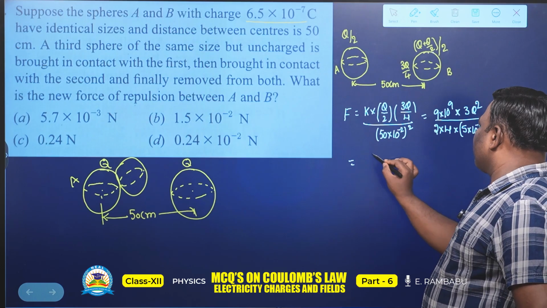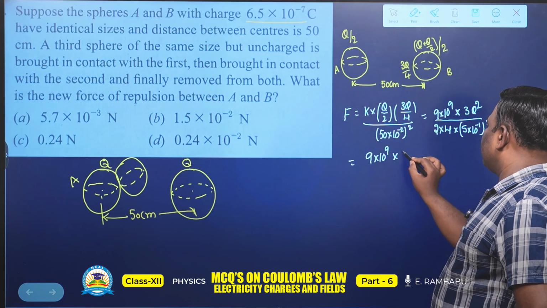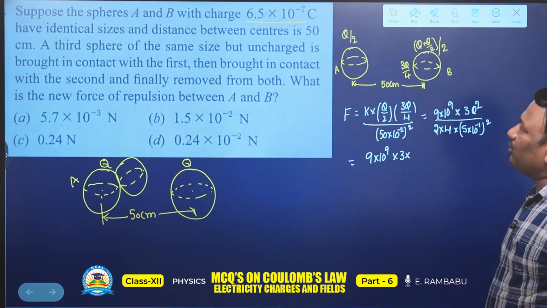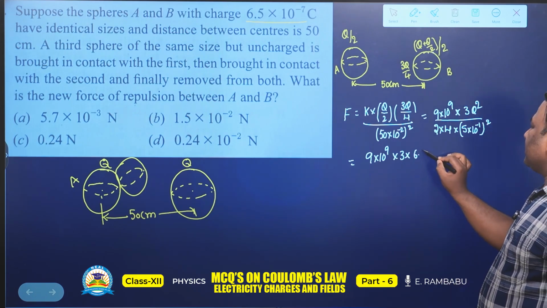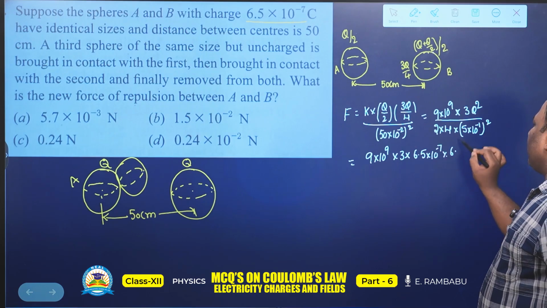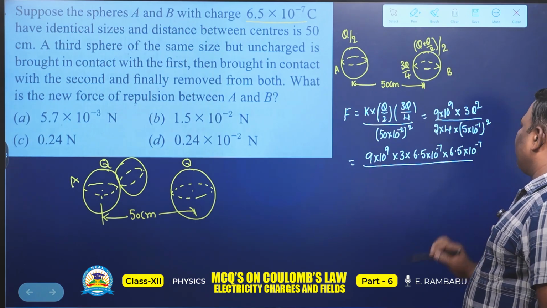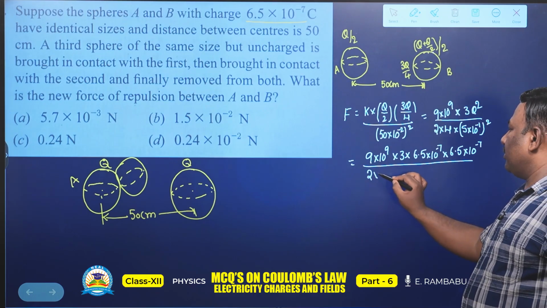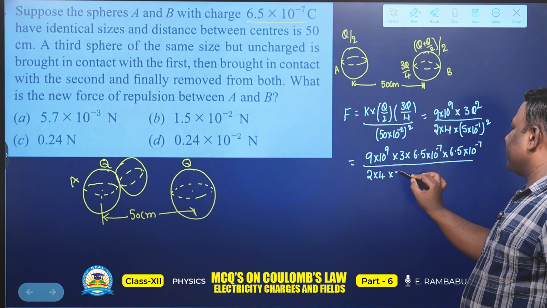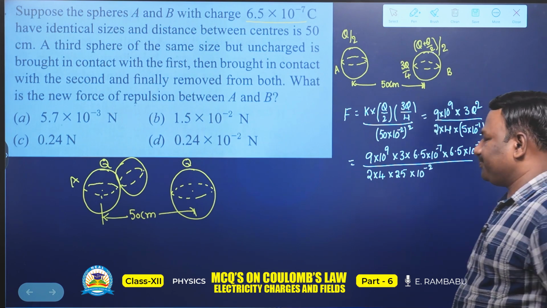So here this is equal to 9 into 10 to the power 9 into 3, and what is the charge? Q is given as 6.5 into 10 to the power minus 7, because it is Q square, once again multiplied with 6.5 into 10 to the power minus 7, divided by 2 into 4 into 5 square, which is 25 into 10 to the power minus 2.